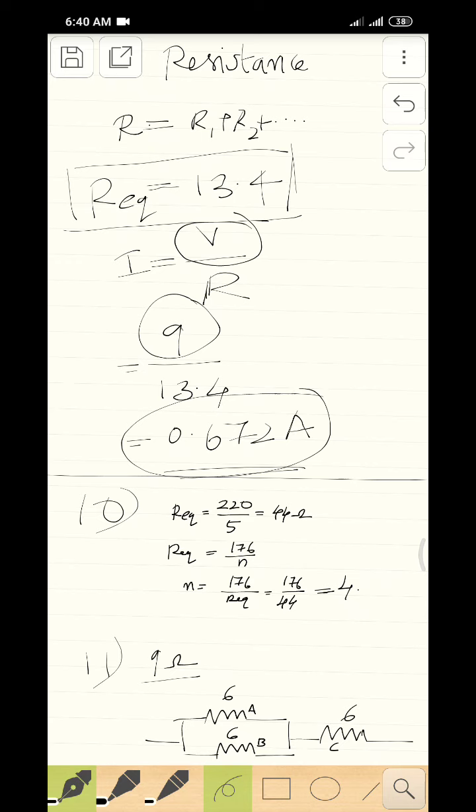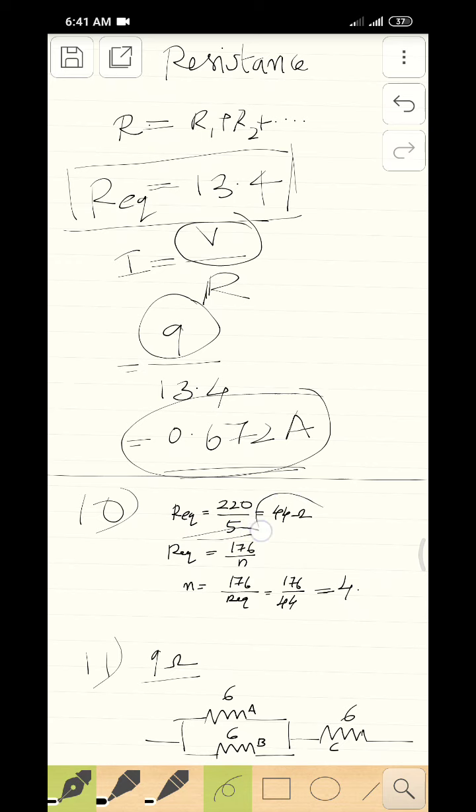So first of all, we should know what resistance we have to apply to draw 5 ampere current from the 220 volt line. For that you have to use Ohm's law. So the R value, the amount of resistance required, will be equal to V by I, that is 220 volt divided by 5. 220 by 5.